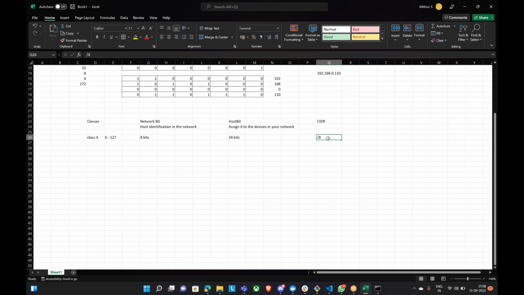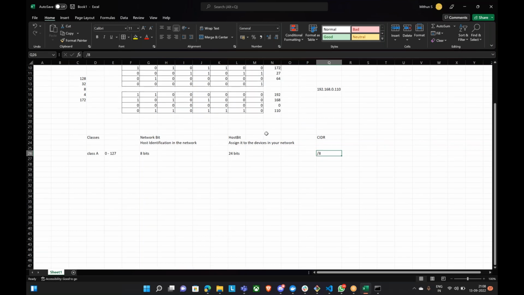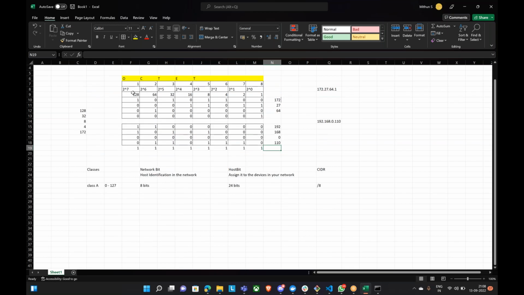So /8 means, if you are going to mask the first 8 bits, then what will happen to this value? The entire value will be 1 1 1 1 1 1 1 1. If all are 1, then how much will you get if you add all these elements?